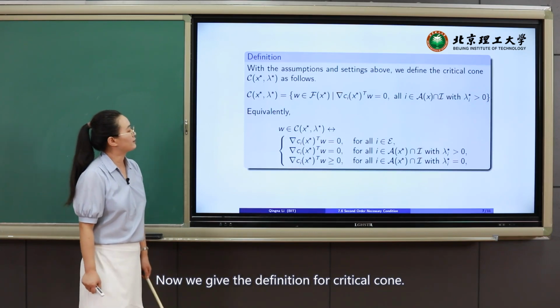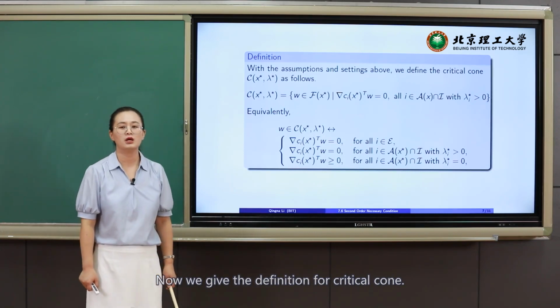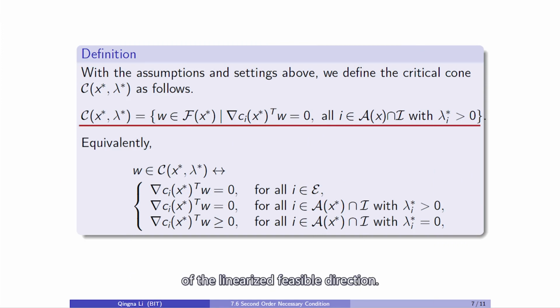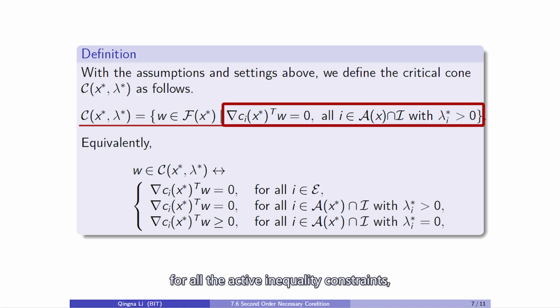Now, we give the definition of the critical cone. The critical cone is defined as an intersection of the linearized feasible direction set with another property. Which property? It requires that for all the active inequality constraints, the direction d should be orthogonal to the gradient of this constraint.